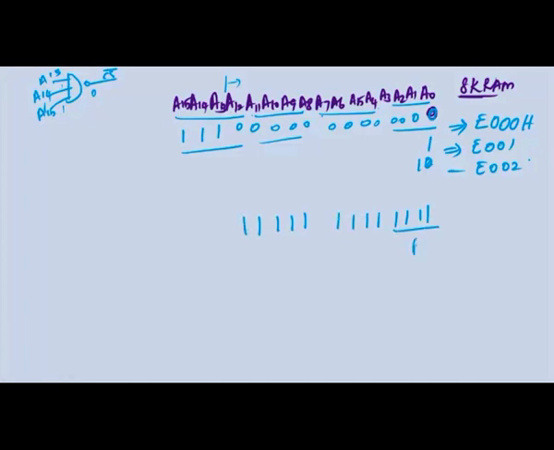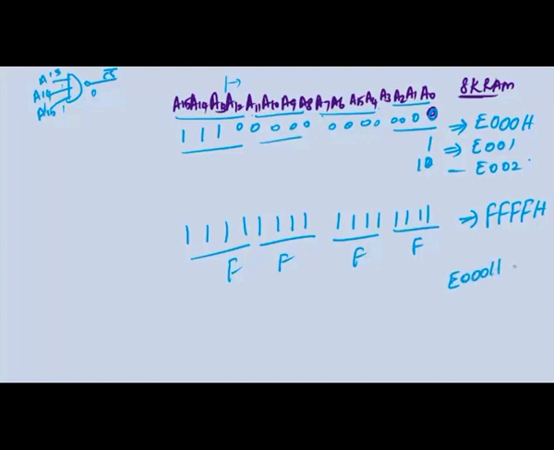The first 4 bits are F, the next 4 are F, and these 3 signals are fixed, used to provide the chip select signal, so this is also F. So the maximum address is FFFFH. Okay. For the 8 kilo RAM, the address varies from E000H to FFFFH. This is for RAM.